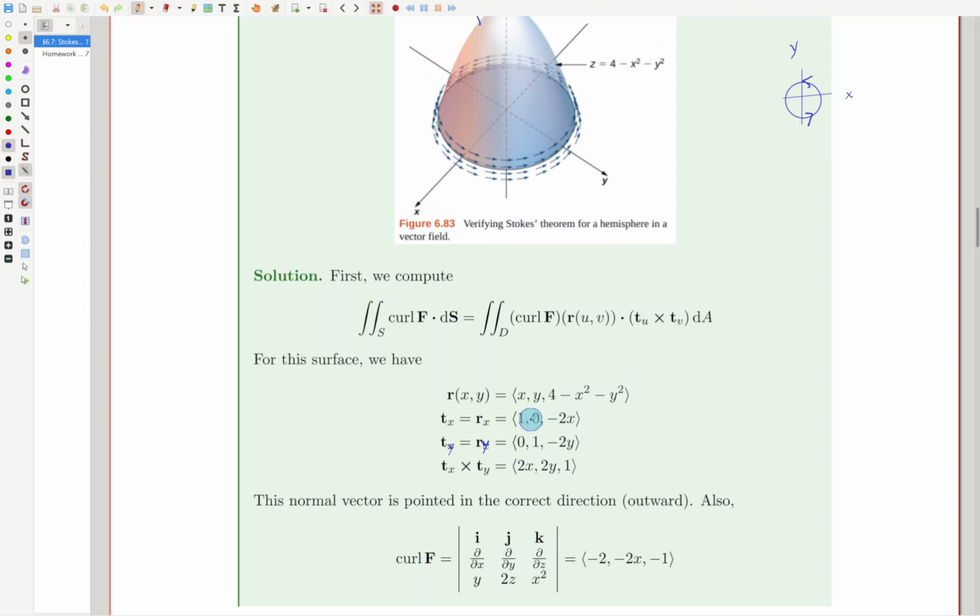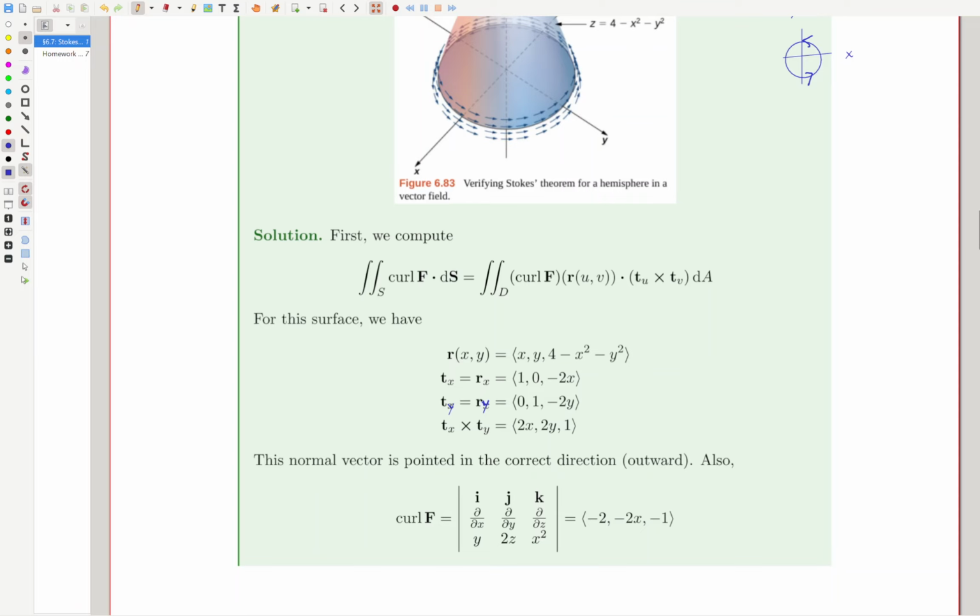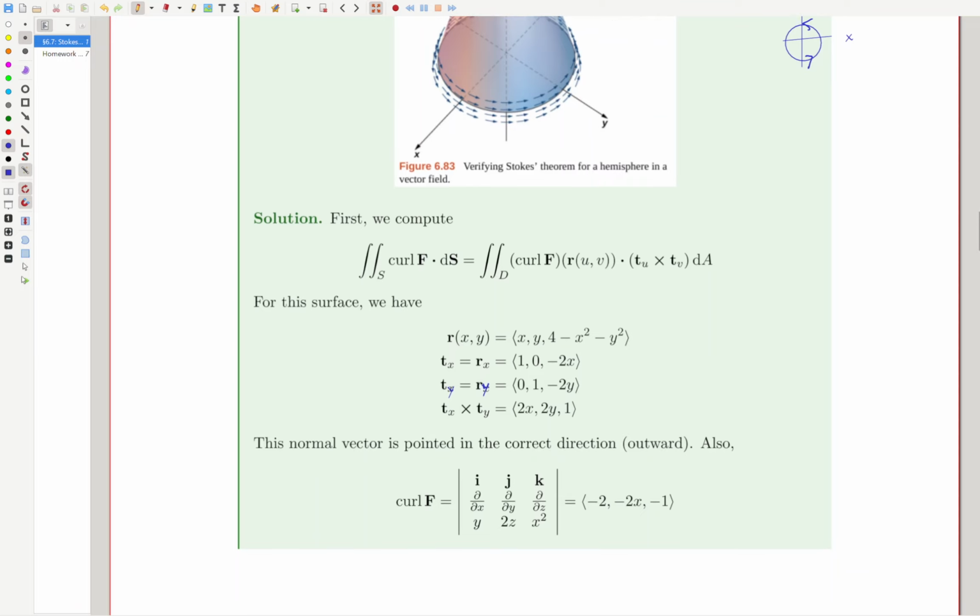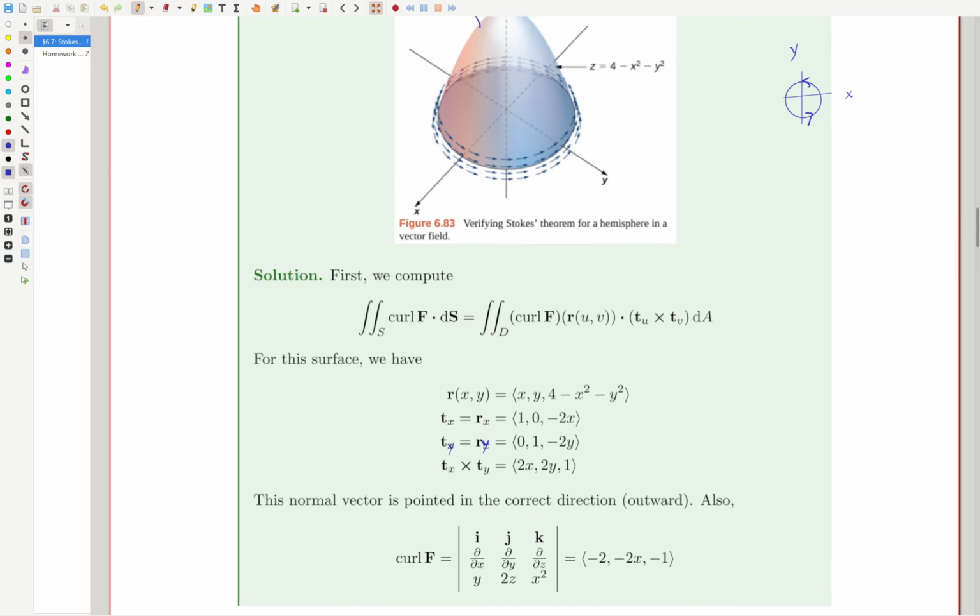So 2x there, minus 2y, and then 1. So it's just calculating a quick determinant, right? So we have that, and then I'm doing one further verification that this is pointed in the correct direction. The thing about computing this cross product is that it depends on the order of the arguments. If you swap these two, the cross product would be pointed in the opposite direction, so the normal vector would be pointed in the opposite direction.